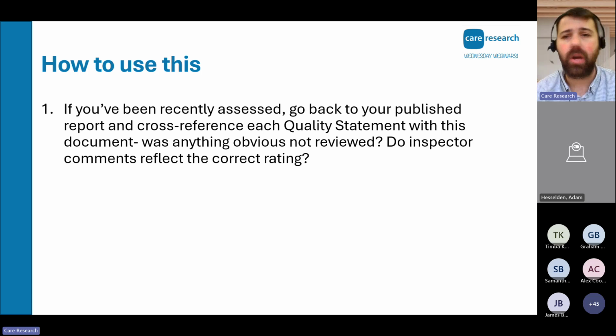Doesn't mean they're going to roll over and go, yes, you're right, we'll upgrade your rating. But it's a fair criticism. If you are in the midst of being assessed or you have been recently assessed, go back to your report, go back to the evidence they looked at, go back to this document, cross-reference. Have I been assessed in line with the ratings characteristics CQC have now published?